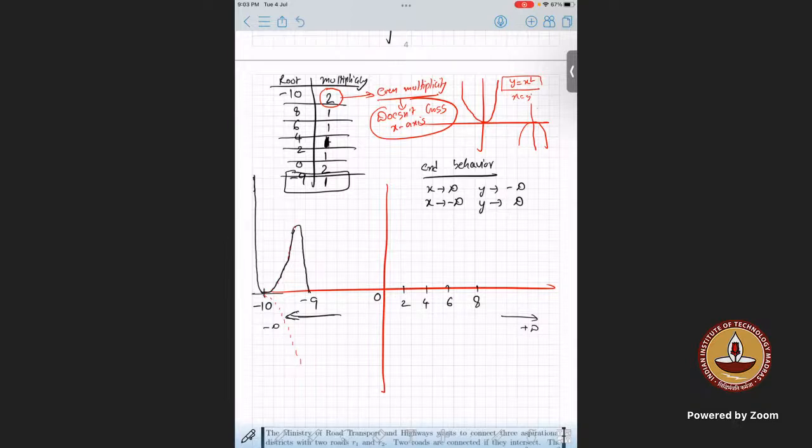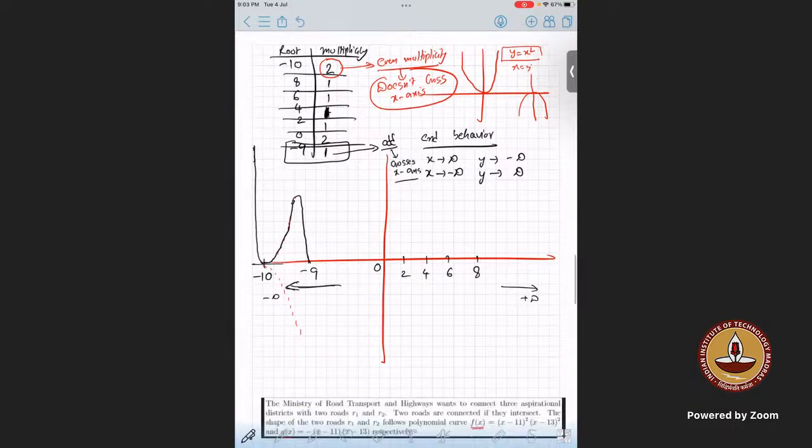Go to minus 9. Here the multiplicity of root minus 9 is odd. So it crosses the x-axis. Are you able to understand? Yeah.